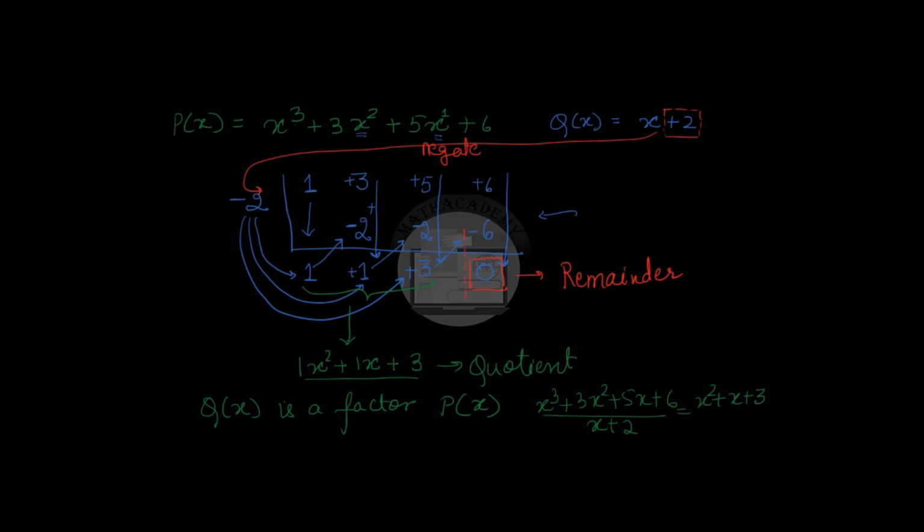So this method of dividing a polynomial by another polynomial of degree 1 and leading coefficient 1 is called synthetic division. It's a shortcut to long division and it takes very less space on your paper to solve, unlike long division. But it is very algorithmic too. So you need to remember and do the correct steps.